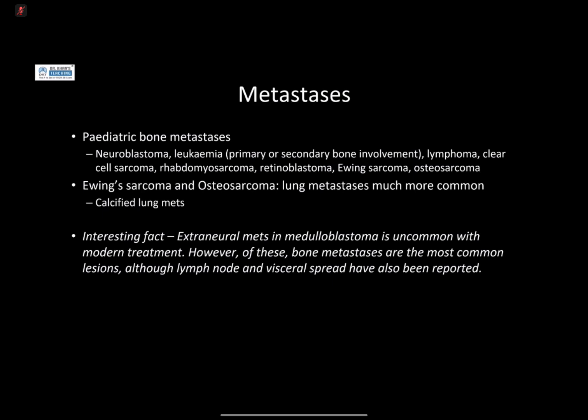And then thinking about other types of sarcomas, you may be presented with, for example, lung metastases in a child, and thinking backwards. So you may not be given the original pathology, as in this case. You may be given a secondary or a metastatic deposit.